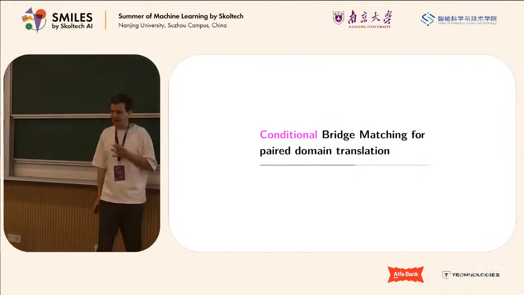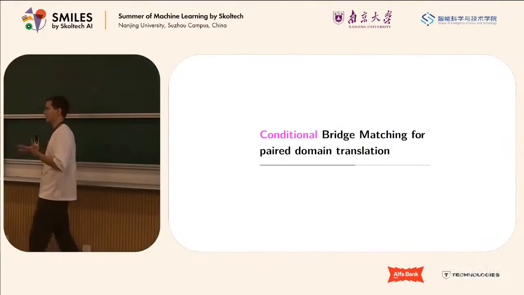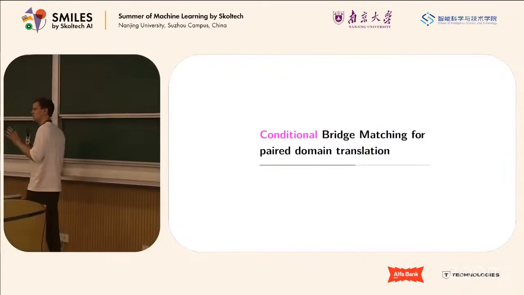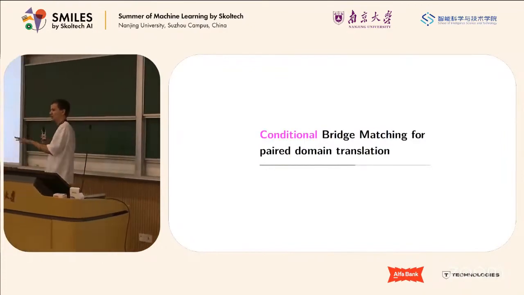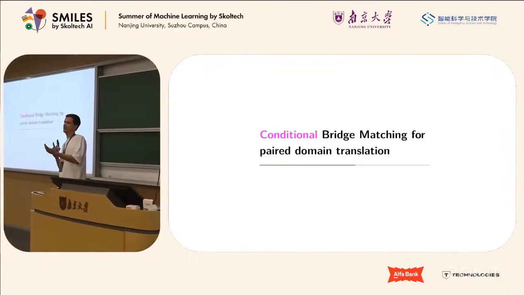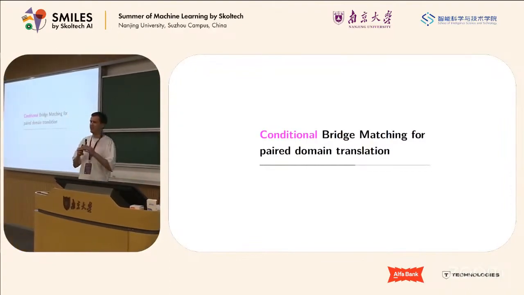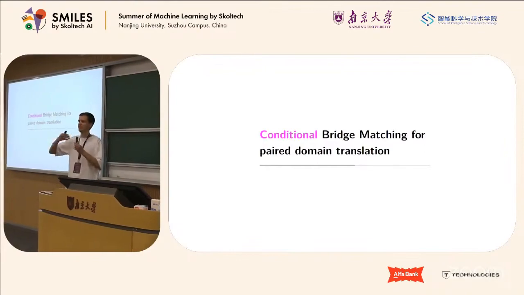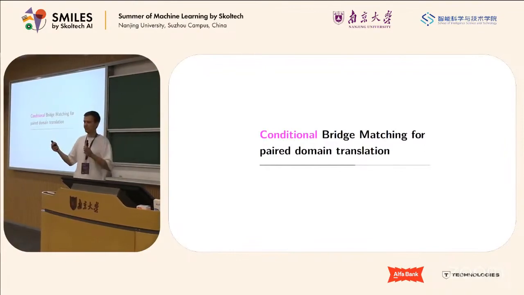Okay. Finally, let's get back to the problem that when we train our diffusion bridge model, it may alter the coupling on which we train. So in the end, we have no guarantees that we will obtain the same output object as we expect during our initial data set construction.